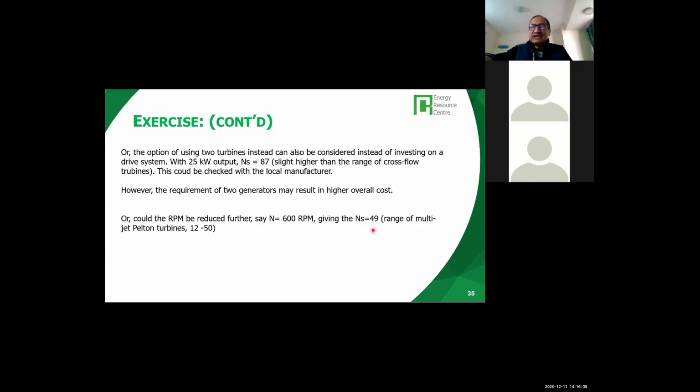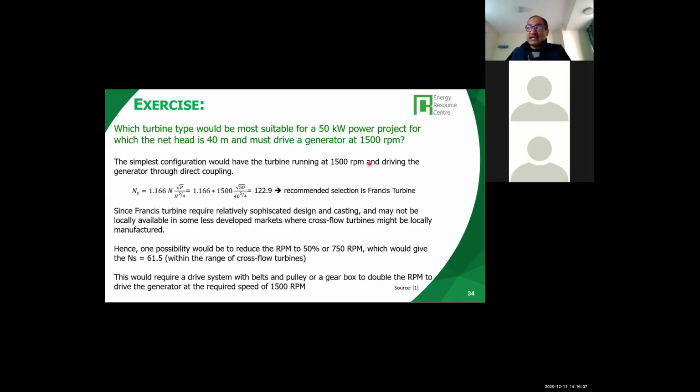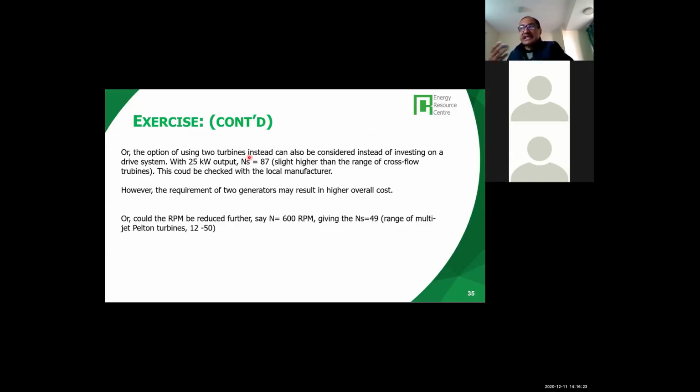Hence, what we are saying is, for a given power capacity and a given discharge, there are various options for designing the speed of the turbines and the specific speed, so that we can select a turbine type which is cost effective and available in the market.